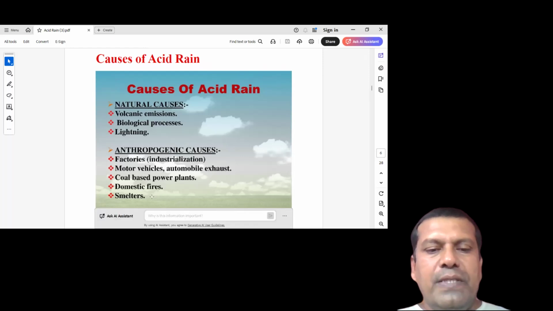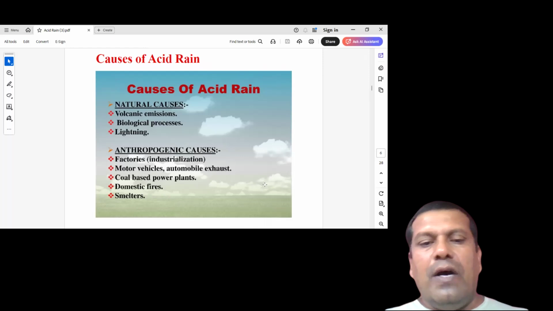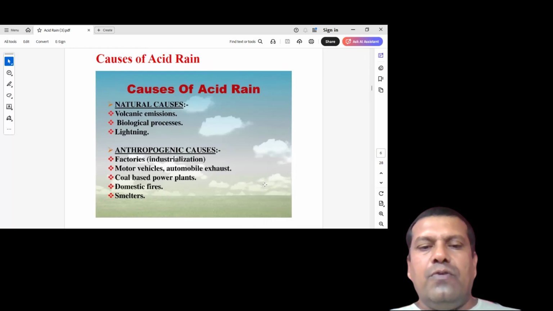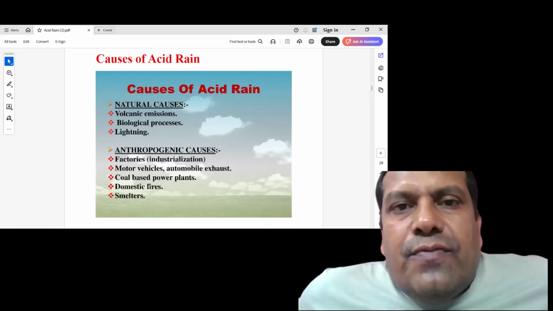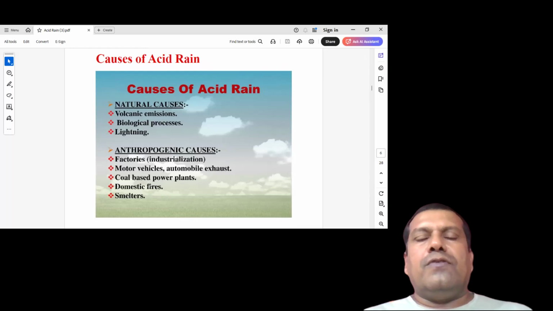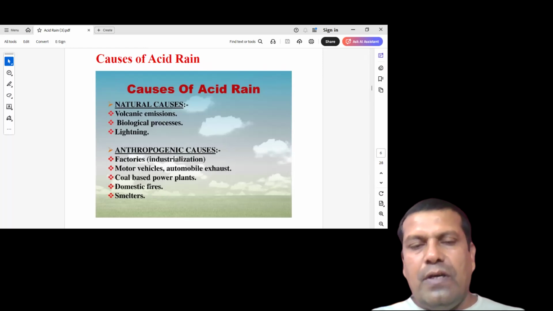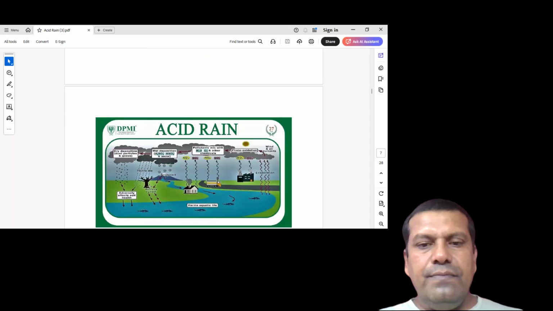Again, domestic fires and smelters. Iron smelting: during the production of iron and steel, whatever emissions are released from the smelters lead to the emission of nitrogen and sulfur oxides.